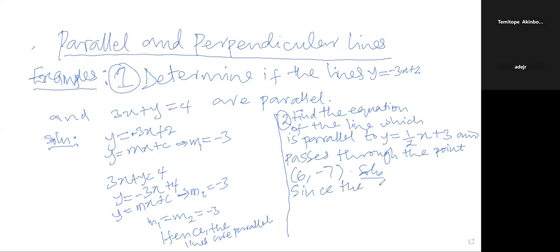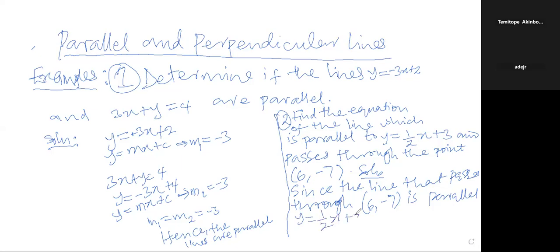Since the line that passes through 6 comma minus 7 is parallel to y equals 1 over 2x plus 3, then the gradient m is 1 over 2. Is that clear?